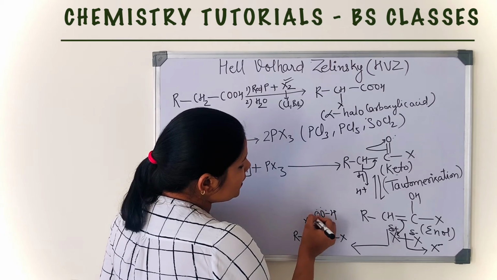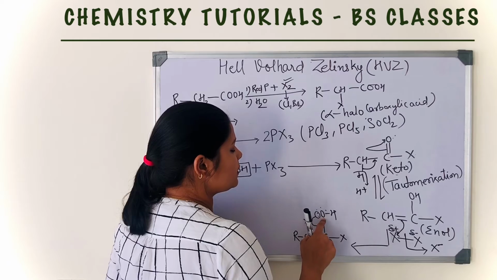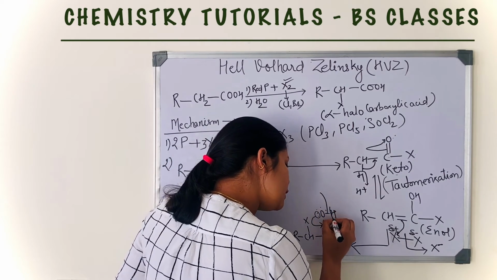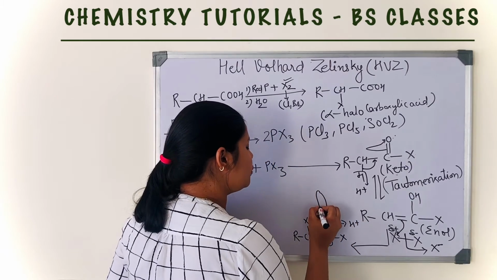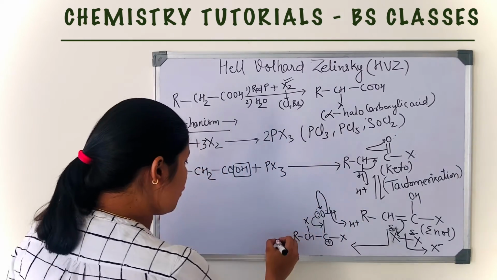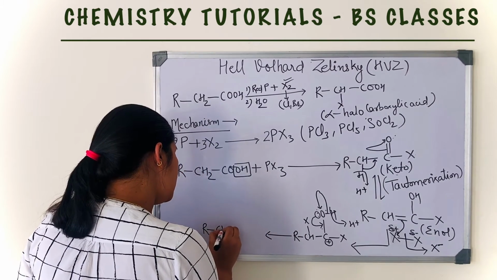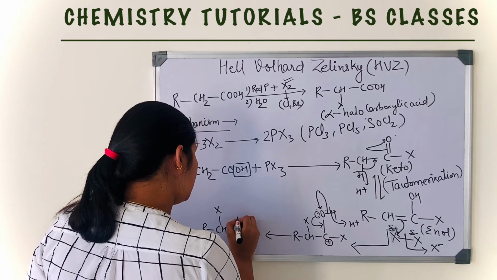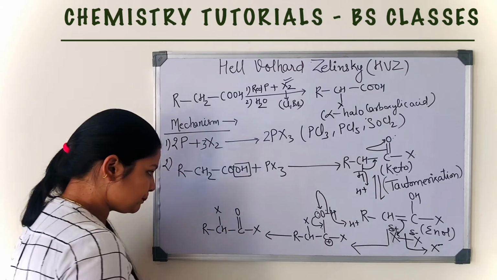If the lone pair shifted, then there is a positive charge on this oxygen, and this hydrogen leaves in the form of H plus and donates its electron to this carbon and forms RCHX, C double bond O and X.